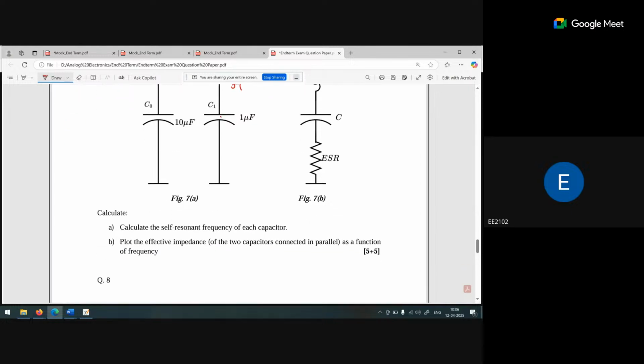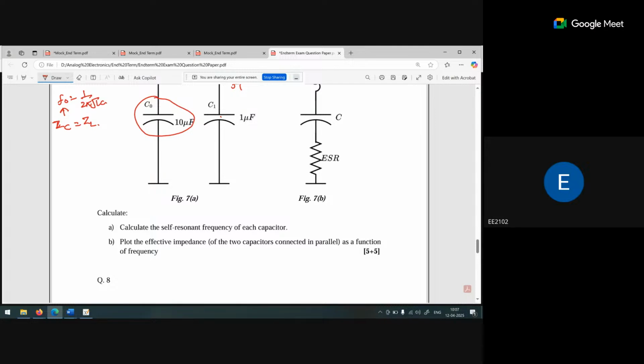At these two frequencies, for example at F naught, this particular resonating frequency, how do we calculate the resonant frequency? F naught is equal to 1 upon 2 pi root of LC. In this scenario, at this frequency, we assume that the impedance of the capacitor is equal to the impedance of the inductor, ZC is equal to ZL.